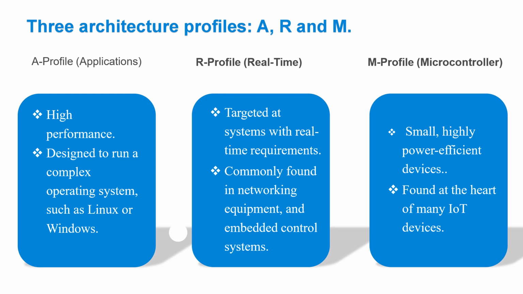So it is mainly used in networking equipment and embedded control systems. This microcontroller is the heart of IoT. In any IoT device, the microcontroller is the heart of the system. It is very small, but performance-wise it is very high and efficient.